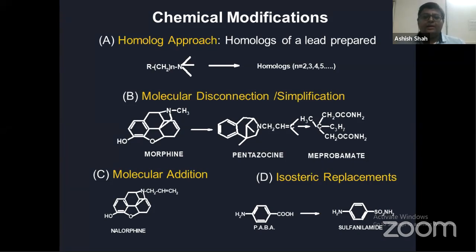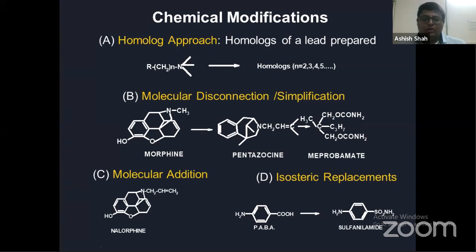Now second thing is molecular disconnection. You just break the molecule, and whatever you get from the breakage has a desirable biological activity. You can see that via the molecular disconnection approach, morphine is converted into pentazocine and meprobamate, and the same activity is expected. Third approach for chemical modification is molecular addition.